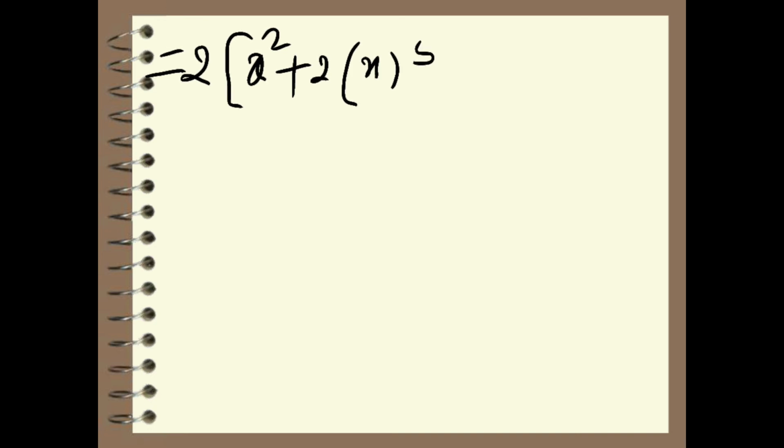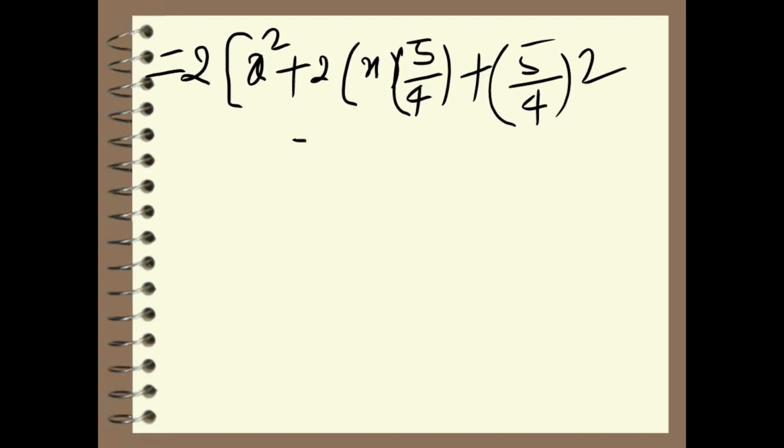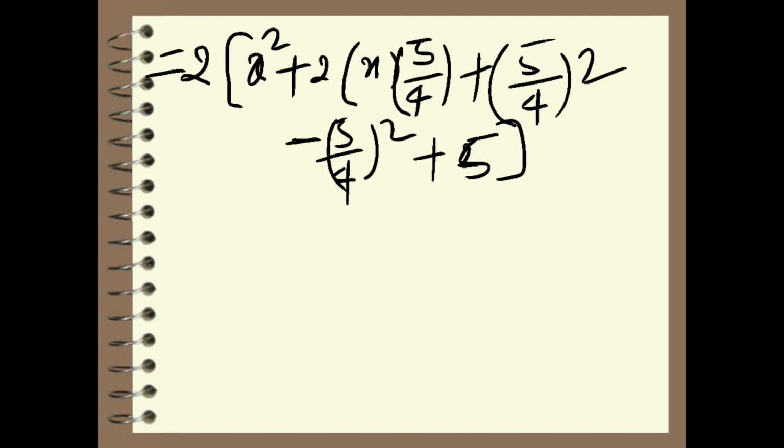So our expression changes to 2 into x square plus 2 into x into 5 by 4, and we are adding and subtracting 5 by 4 whole square. So 5 by 4 whole square minus 5 by 4 whole square. What is in the place of the constant? 5, so plus 5.